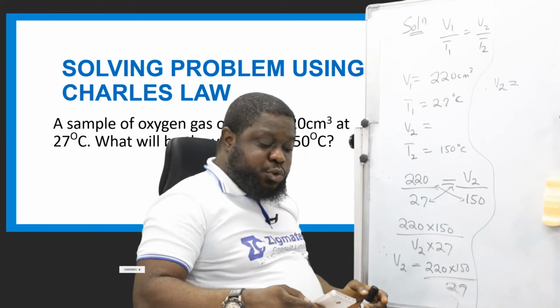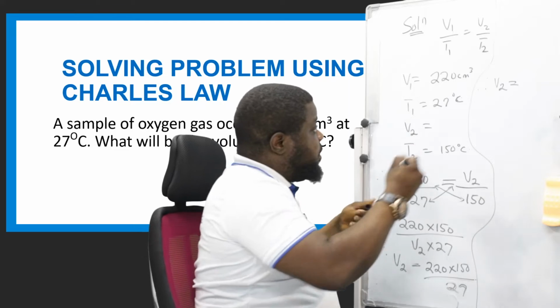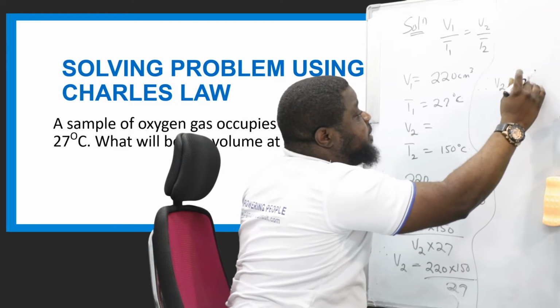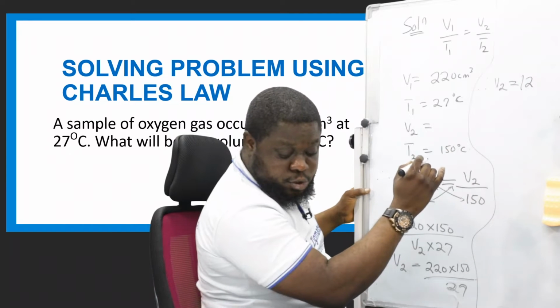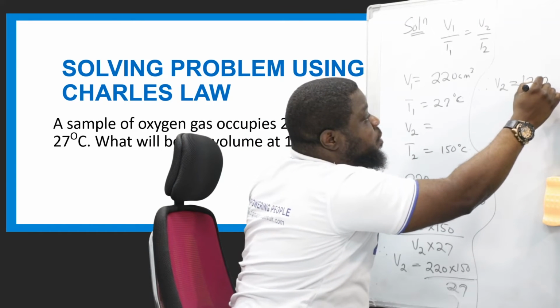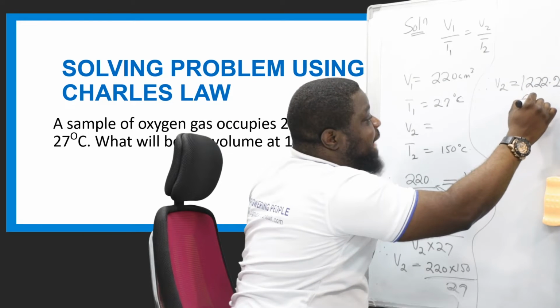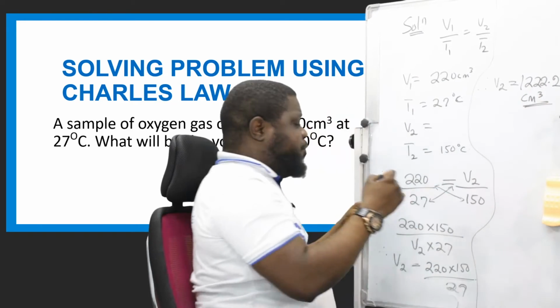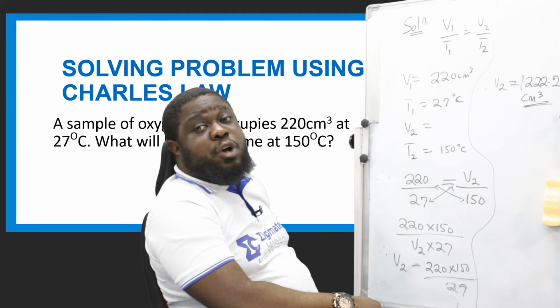So our V2 will be 1,222.2 centimeter cube. You must put the SI unit, otherwise your answer will be wrong.